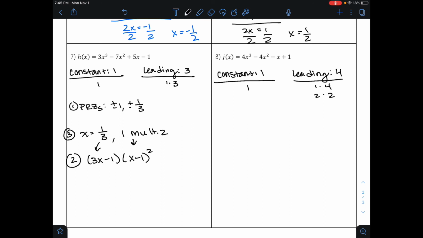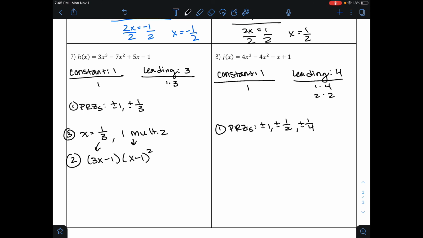So my possible rational zeros are 1 divided by 1 is 1, 1 divided by 2 is 1/2, and 1 divided by 4 is 1/4. So here I have 6 possible rational zeros.